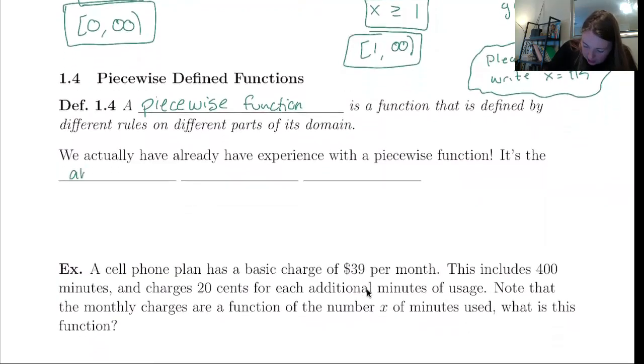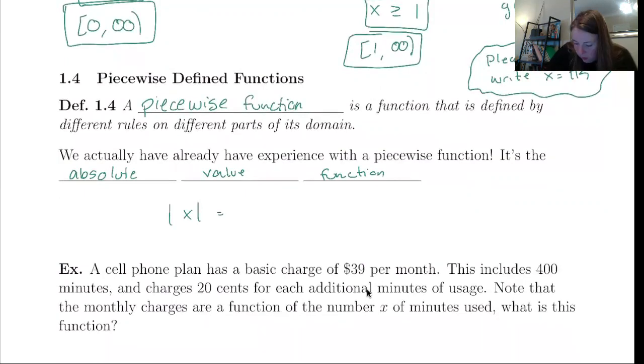It is the absolute value function, right? We were just like those bars, x bar if you want.